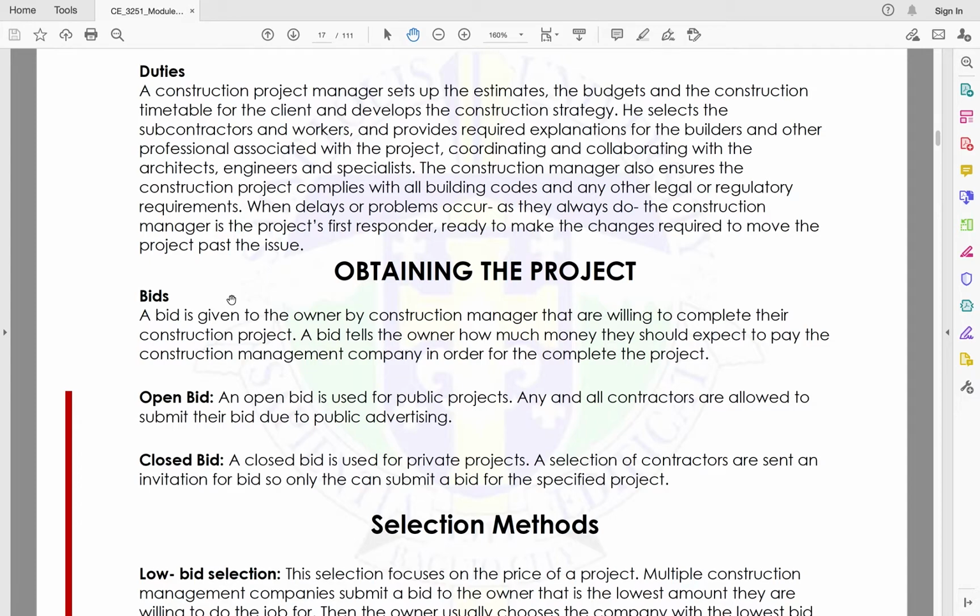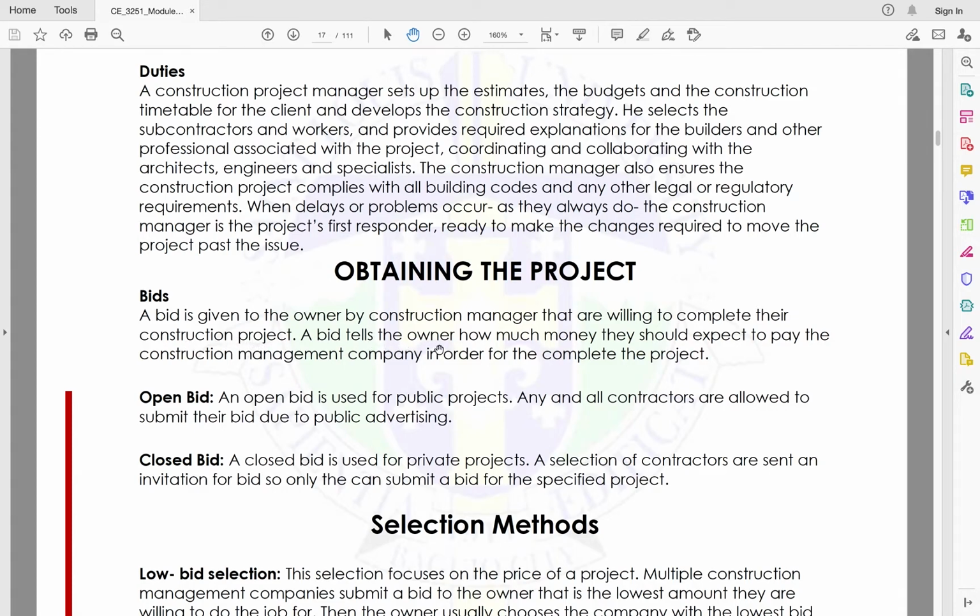So pag may kakilala doon na, minsan doon na nire-refer or pumupunta na lang yung mga clients sa mga firms. Okay? But if it is a big project, most often than not, nagkakaroon ng bidding. So a bid is given to the owner by construction managers that are willing to complete their project.